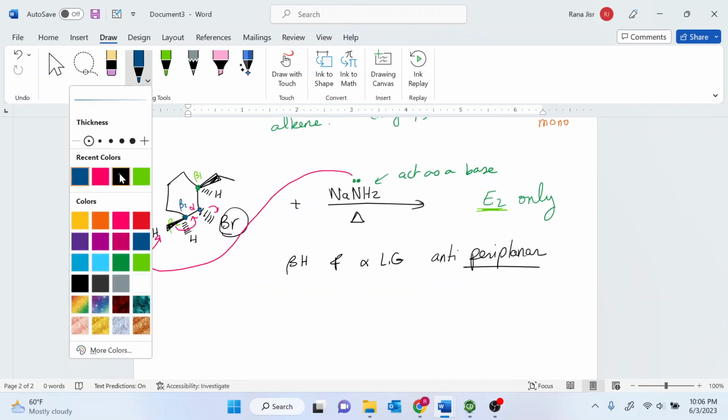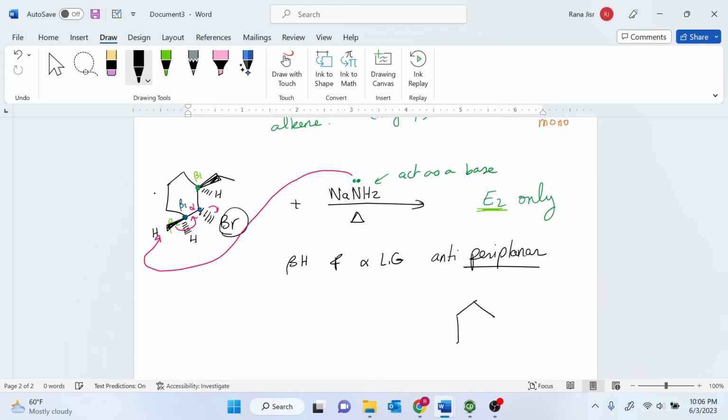So my only elimination product for this reaction is going to be the double bond on this side over here, and then I do have my ethyl group. Always the product of elimination is an alkene, and this alkene is going to be my major alkene. I will not have a double bond between the alpha and beta 1 carbons.